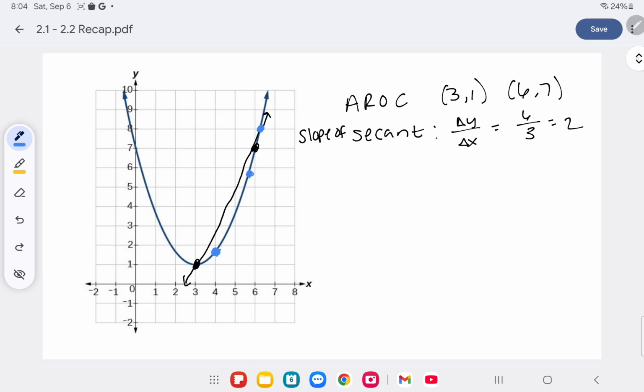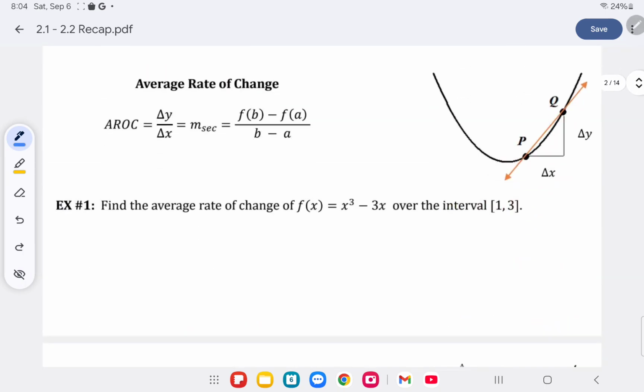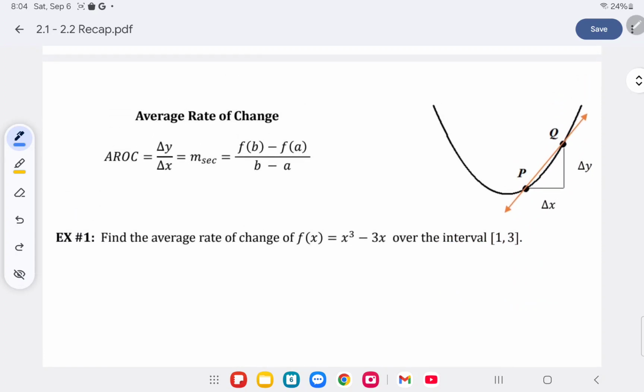So let's practice with average rate of change for a second. Here's my function, and I want to find the rate of change over the interval 1 to 3. I'm finding the slope of the secant line from 1 to 3. The 1 to 3, those are talking about your x values. We need to find the corresponding y values by plugging those back into the function. So I know f of 1, when I plug that into the function, I get 1 minus 3. And when I plug 3 into the function, I get 27 minus 9.